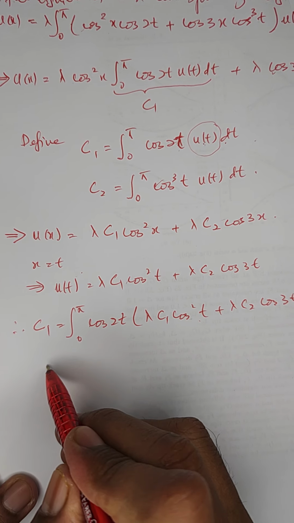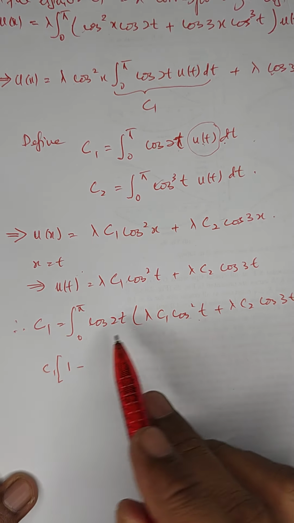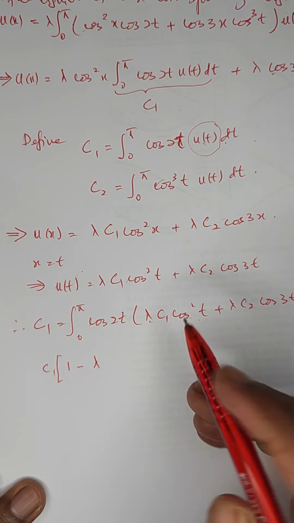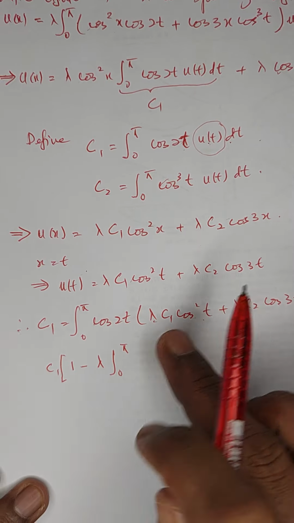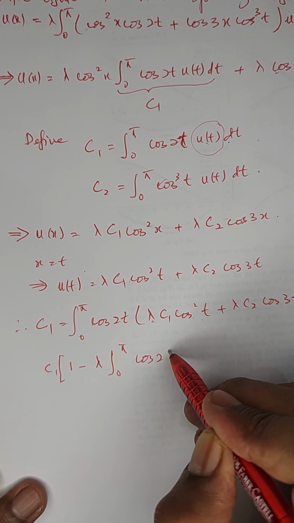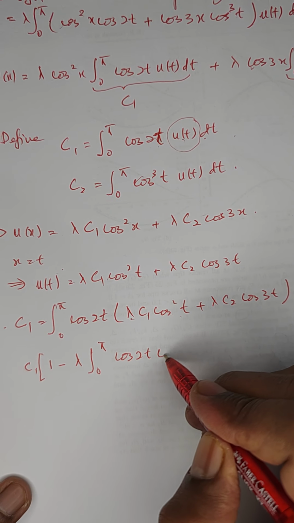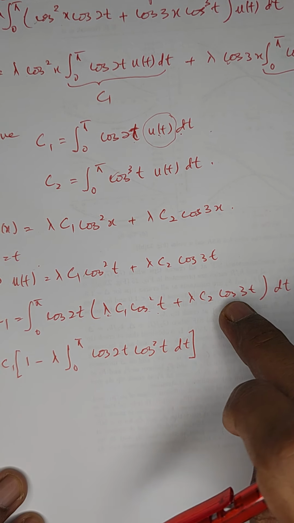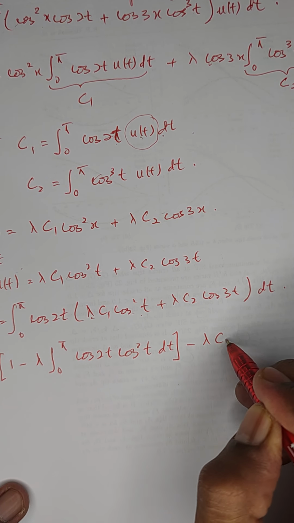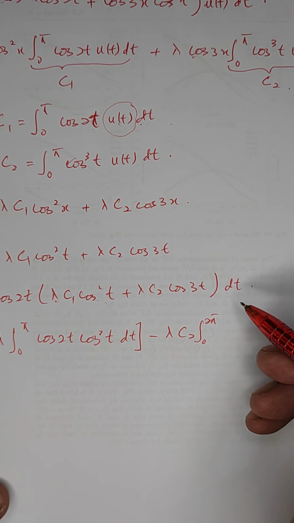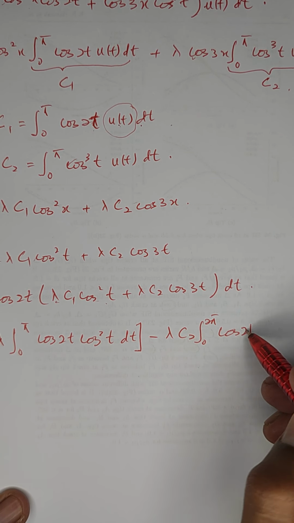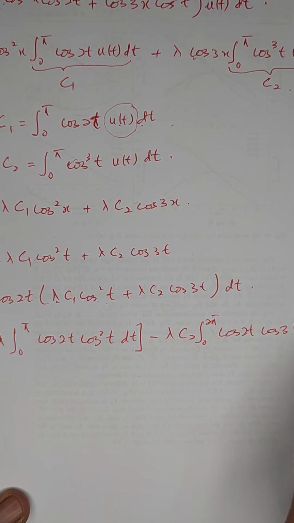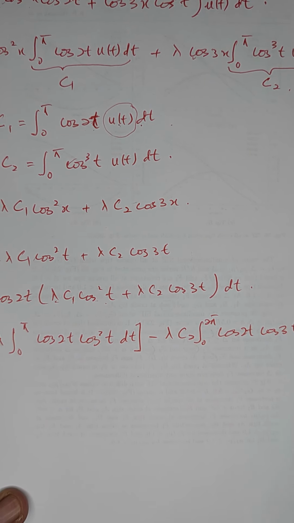So what we have is c1 times 1 minus lambda, integrate 0 to pi cos 2t cos squared t dt, and then we have another one here, minus lambda c2 integrate 0 to pi cos 2t cos 3t dt, that equal to 0.